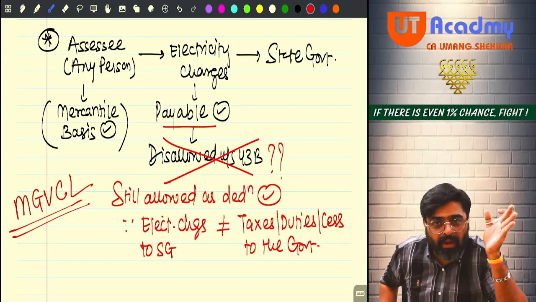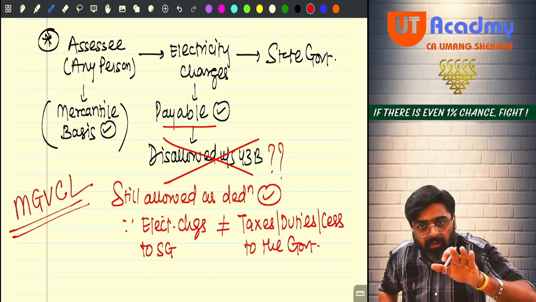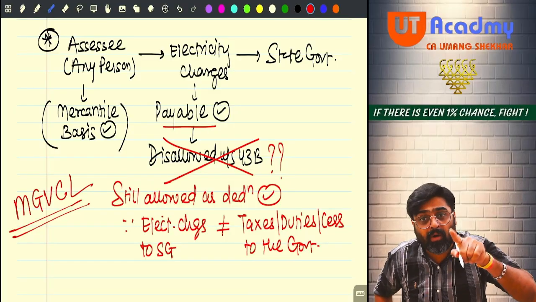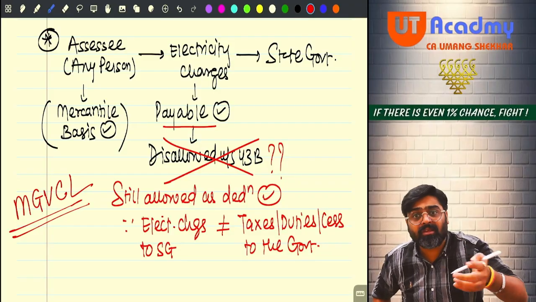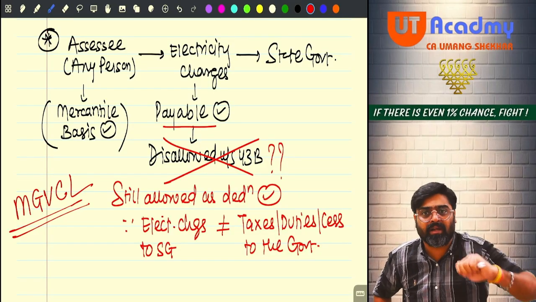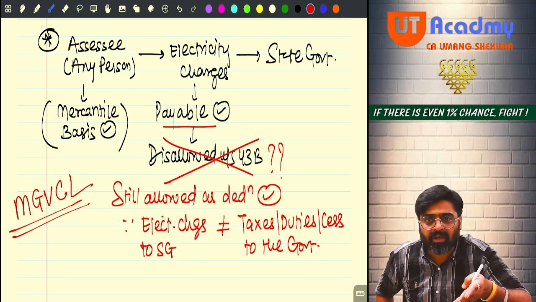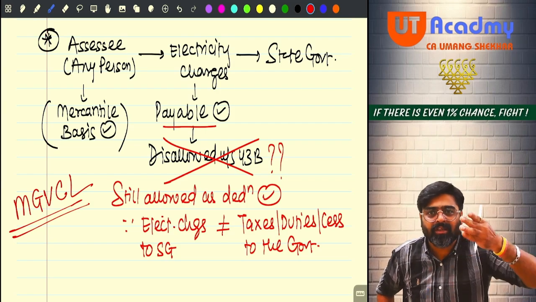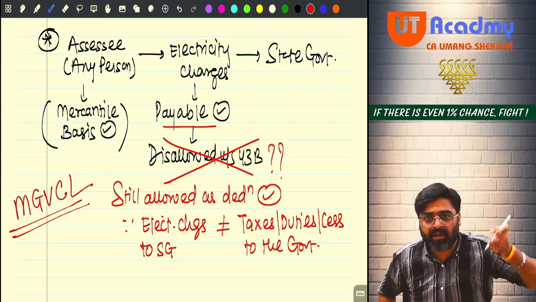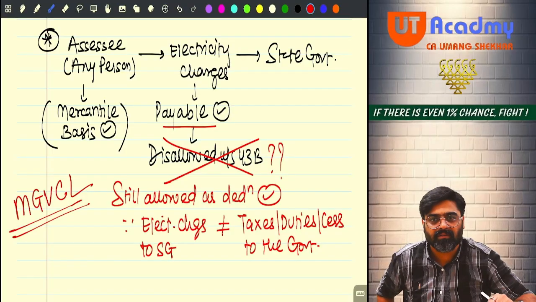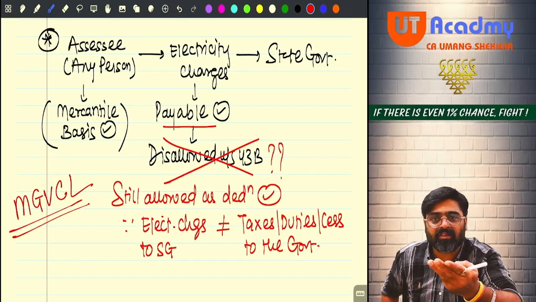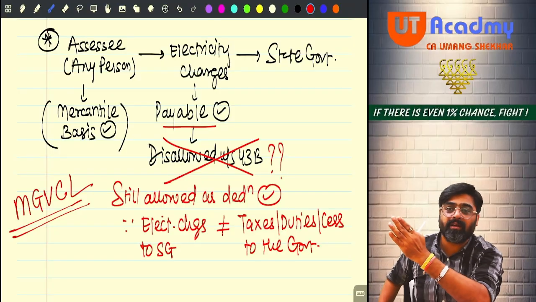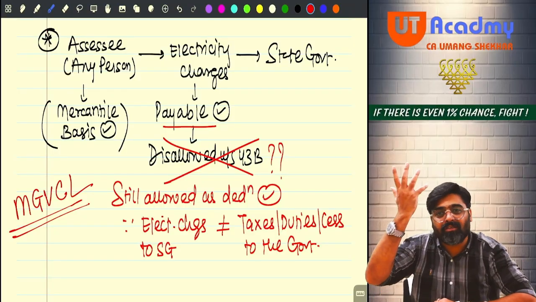If you want to apply 43B on any amount payable to the government, that amount should be payable under any law in the form of taxes, duties, cess, fees, etc. And this is not taxes, duties, cess, fees, etc. payable under law to the government. This is a pure business related expense known as electricity charges. Why are you coloring it in the form of taxes?